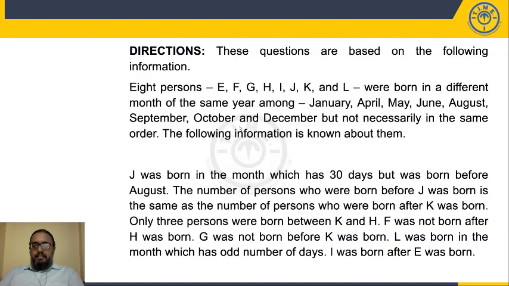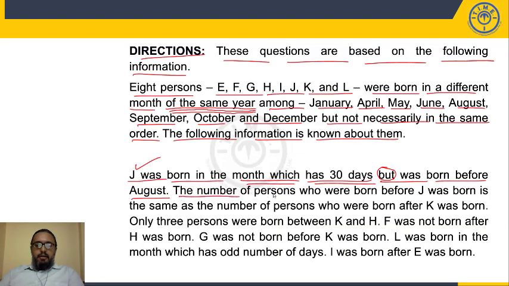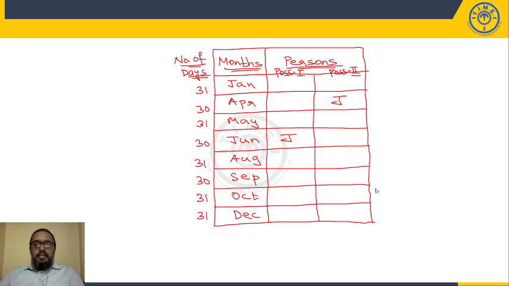Then the number of persons who were born before J was born is the same as the number of persons who were born after K was born. So the number of people born before J should be same as the number of people born after K. Since the position of J is already known, before J you have three persons in the first case.